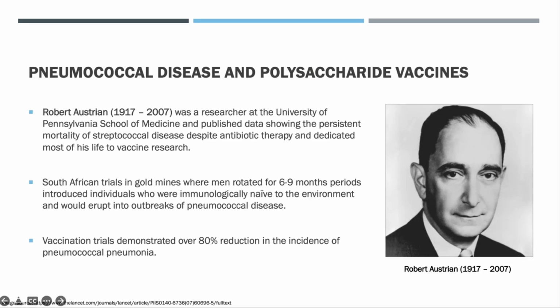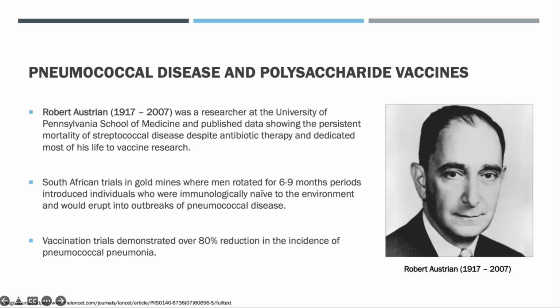Robert Austrian was a researcher at the University of Pennsylvania School of Medicine and published data showing the persistent mortality of the disease despite antibiotic therapy, which was a big part of renewing interest in the vaccine. He dedicated much of his life to developing this vaccine. Some of his trials were in South Africa, in gold mines, where the workers would come for 6 to 9 months at a time.